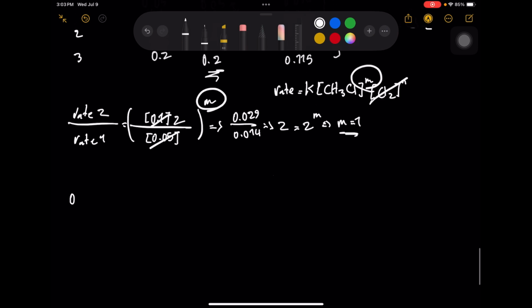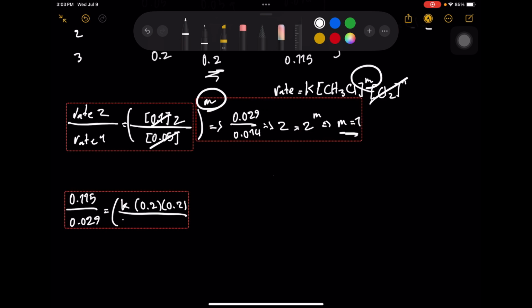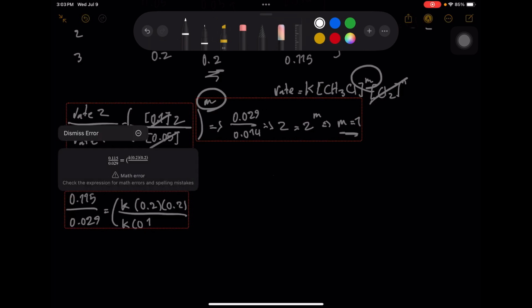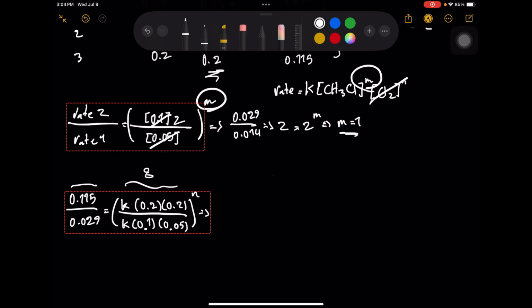Again, 0.115 over 0.029 equals k times 0.2 times 0.2 to the power n, over k times 0.1 times 0.05 to the power n. The concentration ratio is 8 to the power of n, and the rate ratio is almost 4. So 4 equals 8 to the power of n.